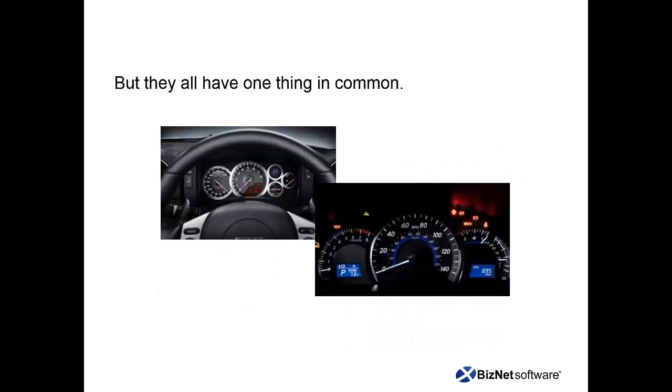Every one of the cars will be completely different inside and out, but the one common thing is the dashboard, and they always seem to have the same gauges. They all have speedometers, oil pressure gauges, engine lights, and there's a reason for that.